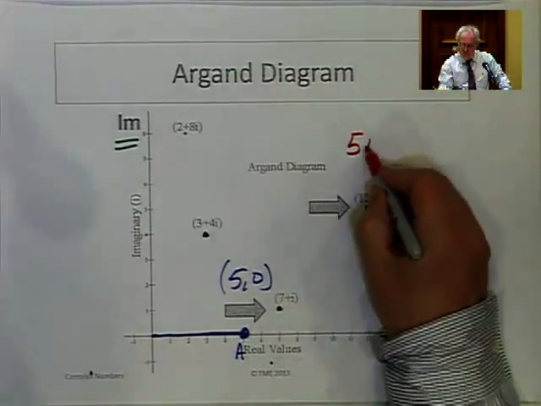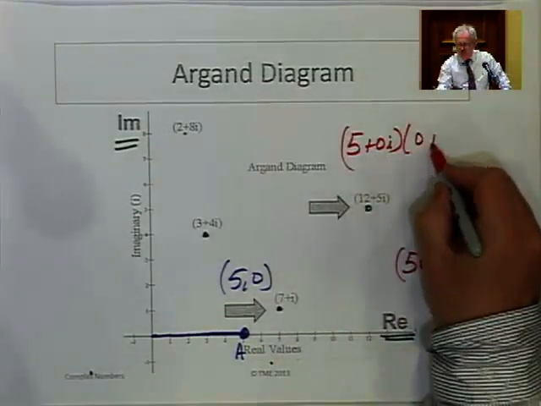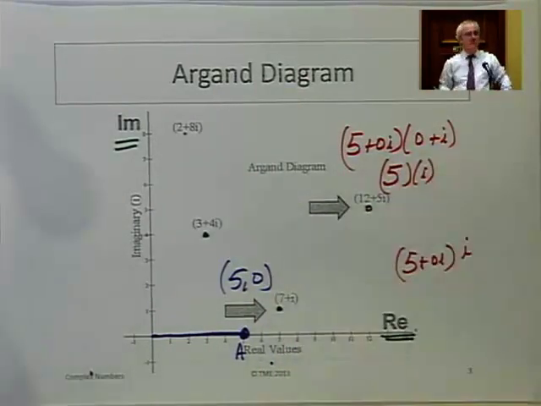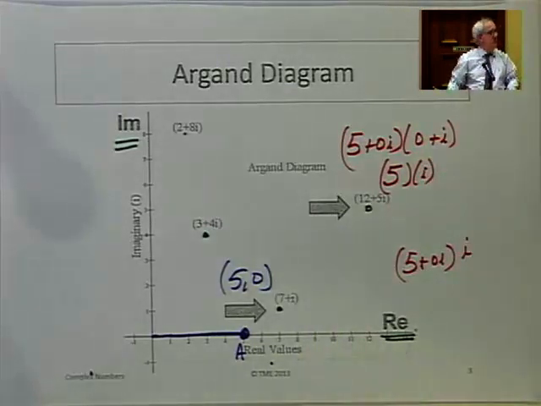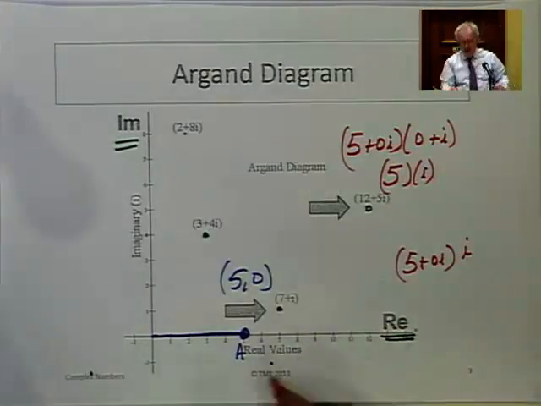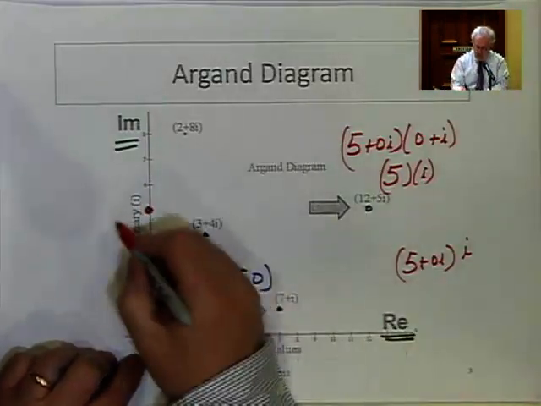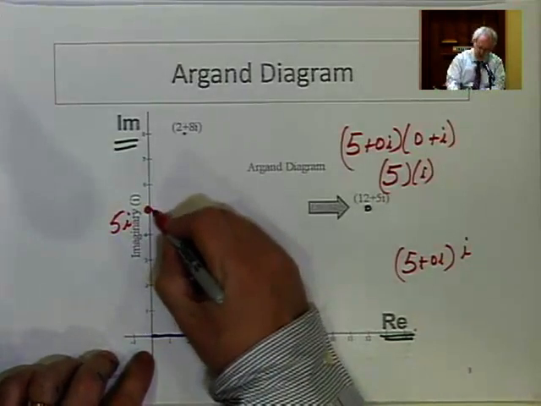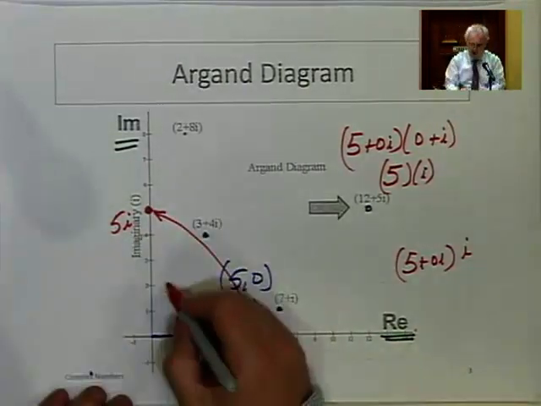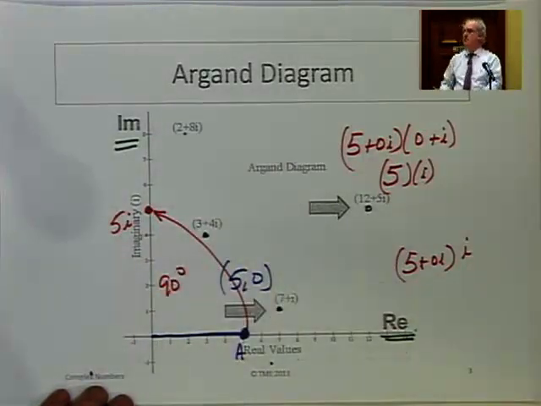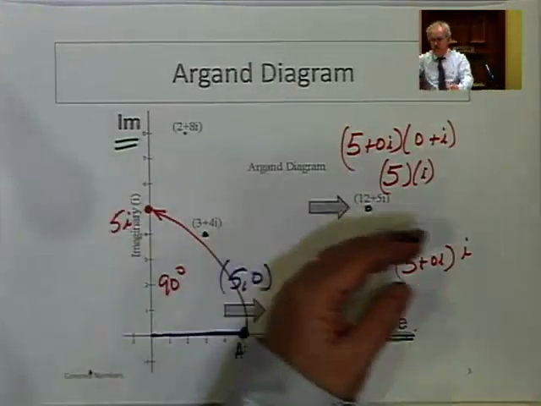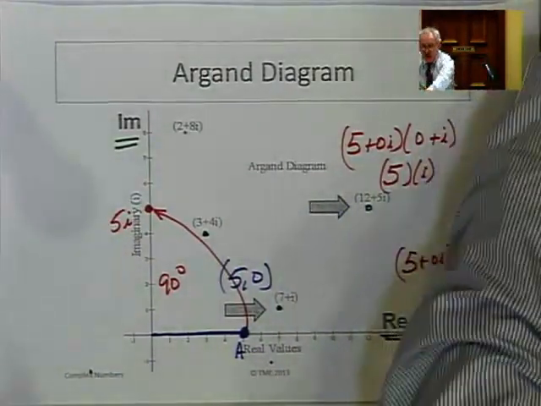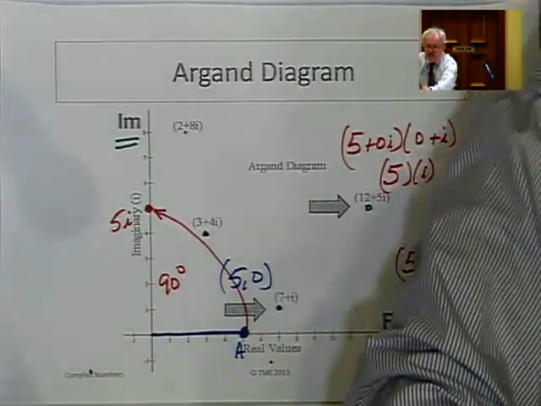In other words, 5 plus naught i times naught plus i. In other words, if I multiplied 5 by i, what would I get? 5i. Nothing but 5i. It would be up here. In other words, what would have happened is it would have rotated by a full 90 degrees. I multiply by i, and lo and behold, what happens? The whole thing multiplies itself and rotates by this lovely 90 degrees.